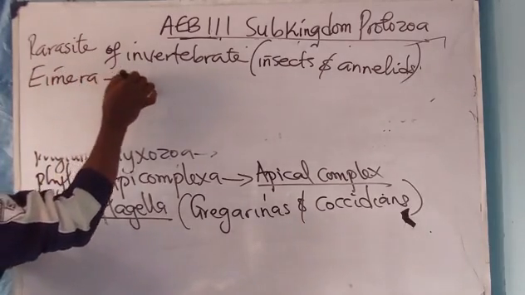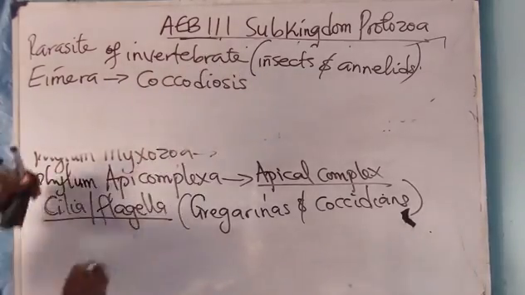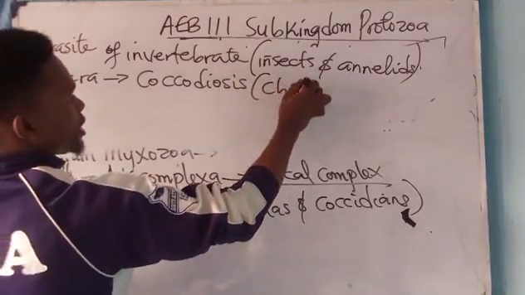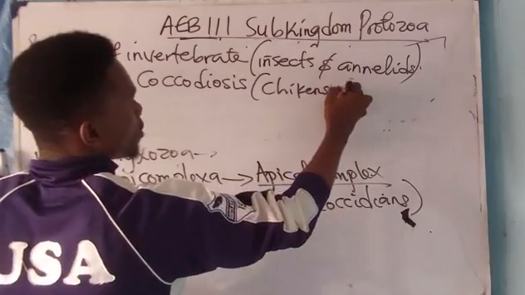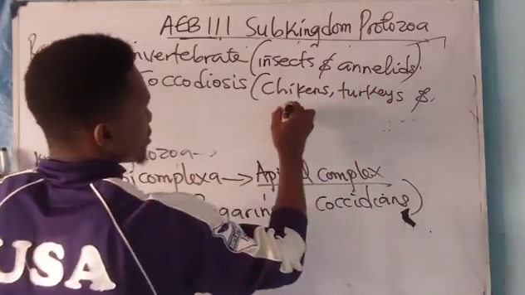A good example of coccidians is the Eimeria species that causes coccidiosis in chickens, turkeys, and sheep.